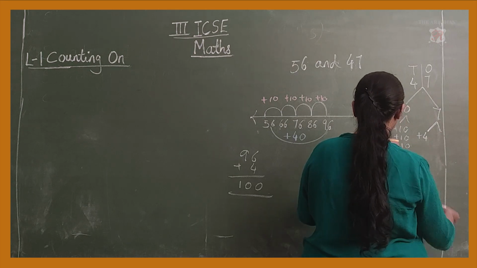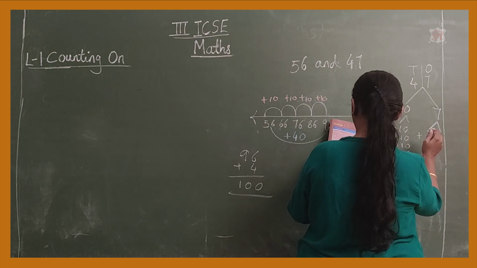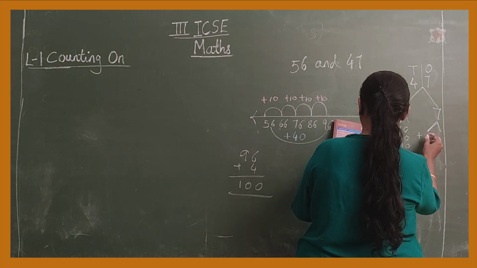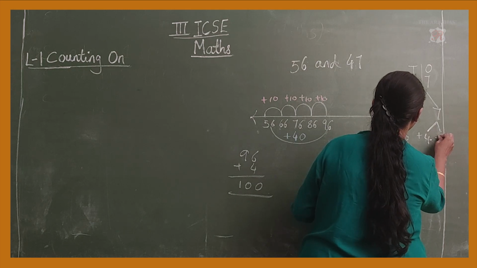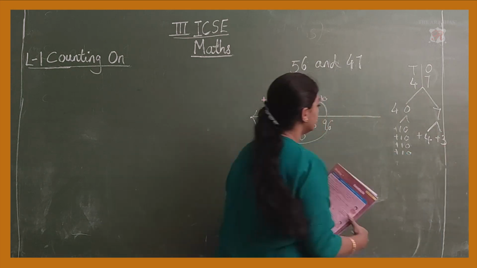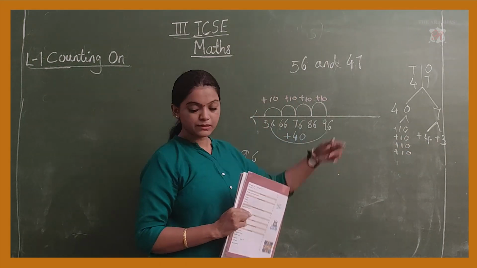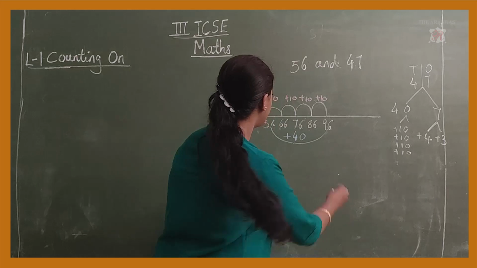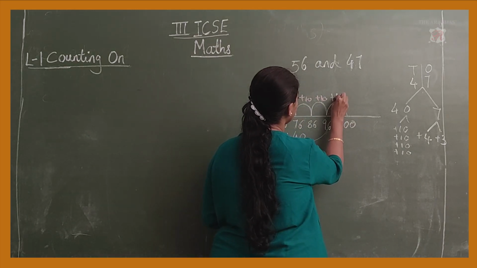Okay, and the rest number is your 3 over here. 4 plus 3. Okay, we have split this number in 4 plus 3. So 96 plus 4 becomes your 100. So you have added plus 4 here.